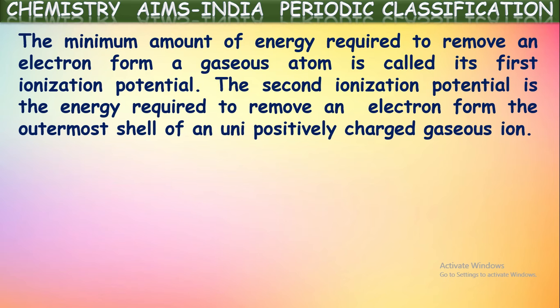Already, if the atom has lost one electron, it forms a unipositive ion. If we want to remove an electron from that unipositive ion, the energy required is called the second ionization potential or second ionization energy.